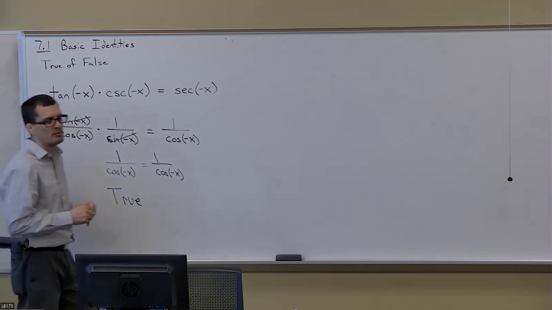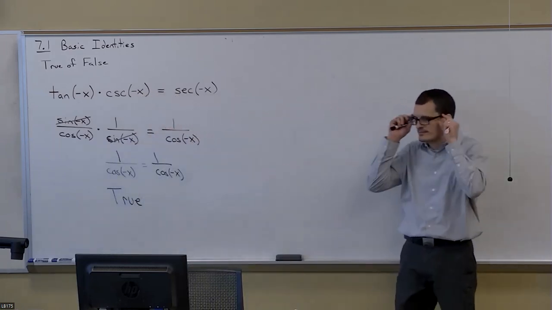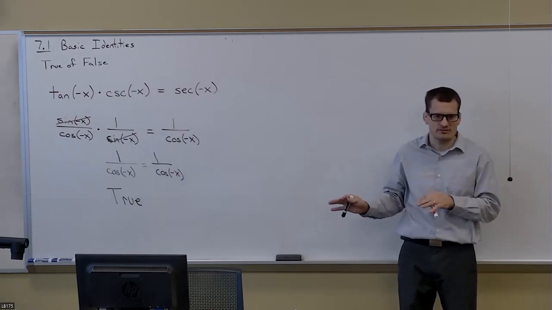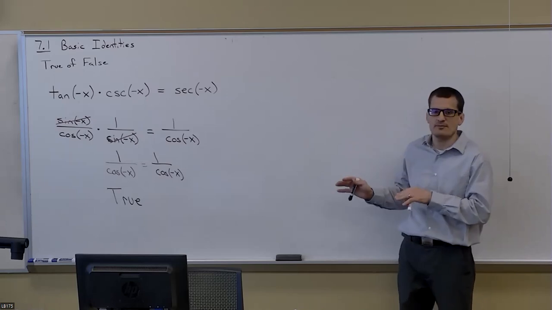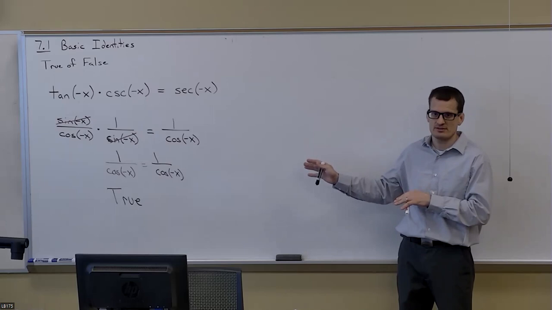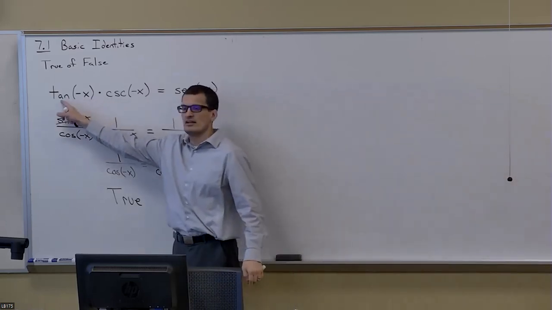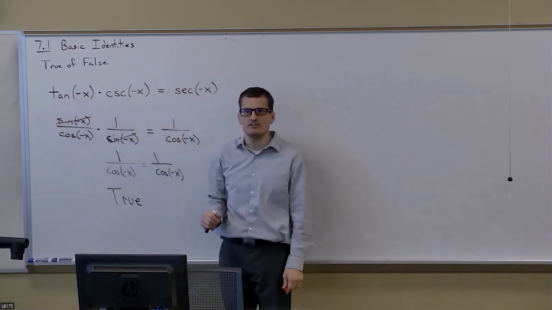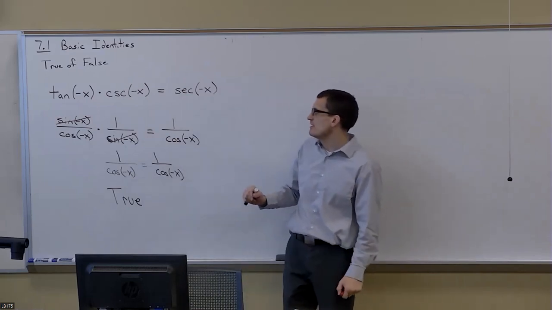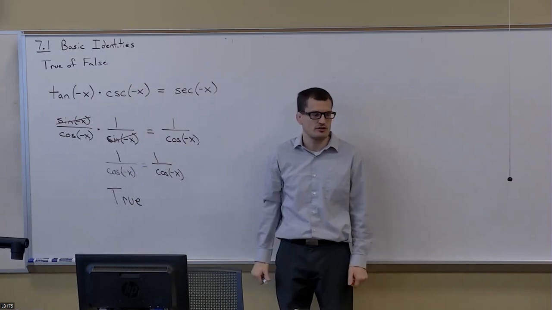Now, I do want to put a little asterisk on all of these. All of these will have this same asterisk. This is a true statement for values in the domain. There are certain values that you can't plug in to tangent, and certain values that you can't plug in to secant, because of the restrictions on the domain.